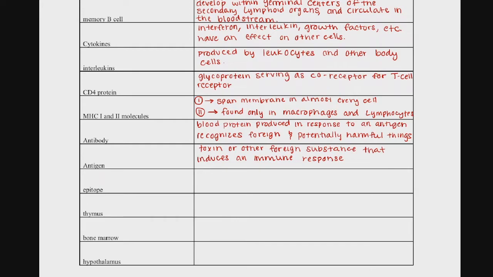An epitope is the part of an antigen molecule, so these are kind of related. It's part of an antigen to which an antibody attaches itself. So it's part of the antigen, but it's where the antibody attaches.